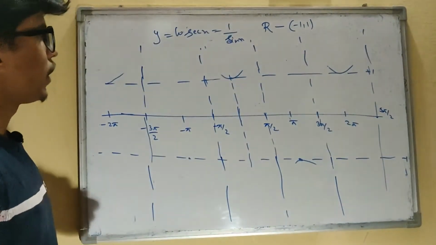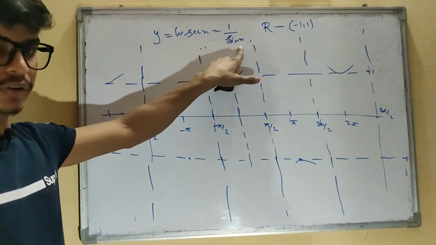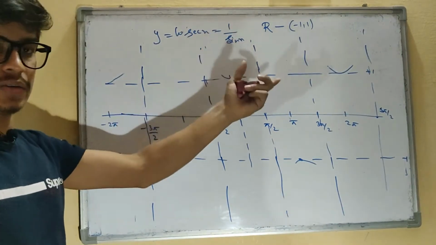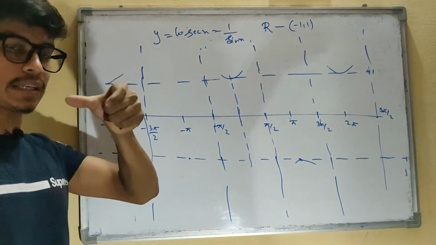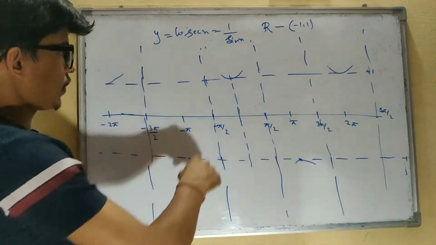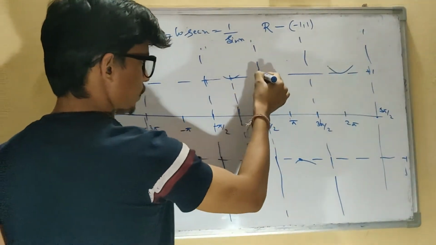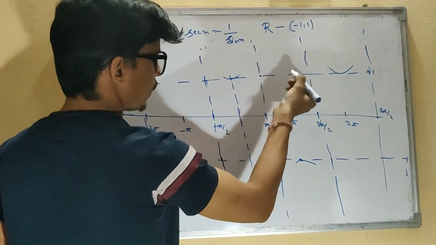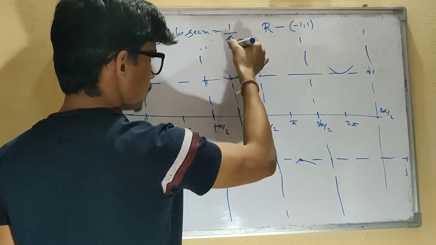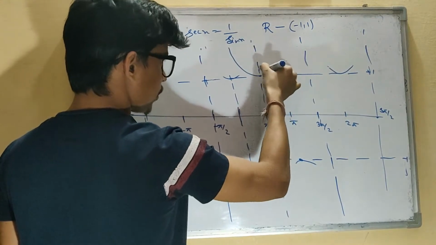So now you know that sin 0 is 0, so cosec x is surely not defined at 0, or you can say that sin at pi by 2 is maximum, right? So at pi by 2, sin pi by 2 is maximum, means the value is going to be 1 over here. So the graph is like this: sin is 0 at pi.